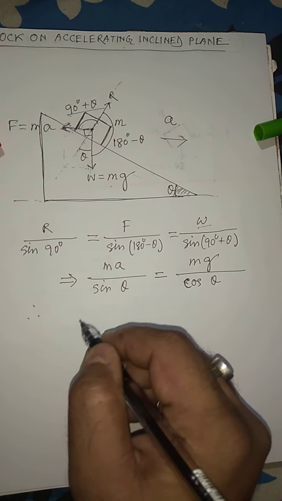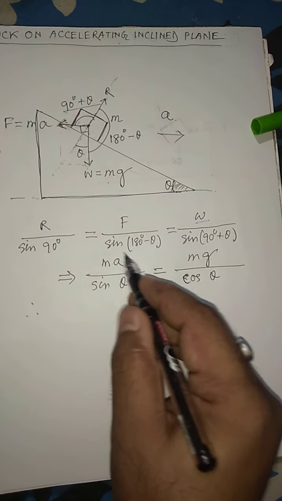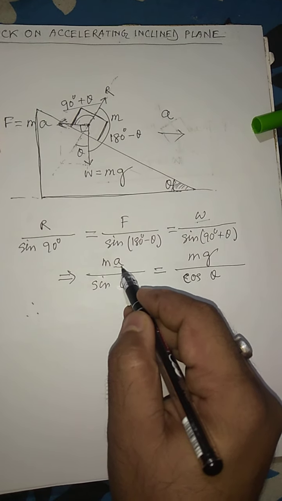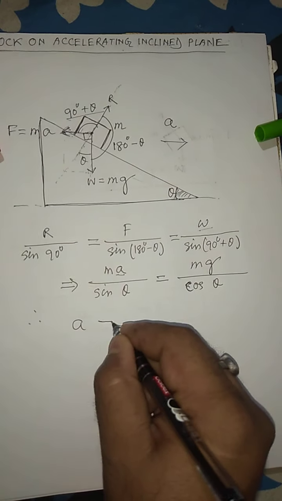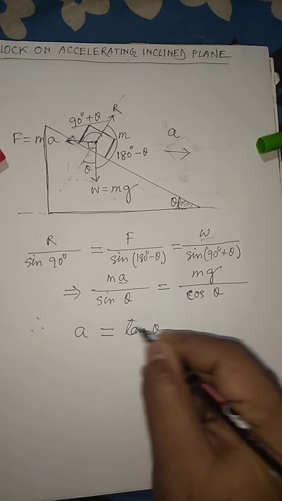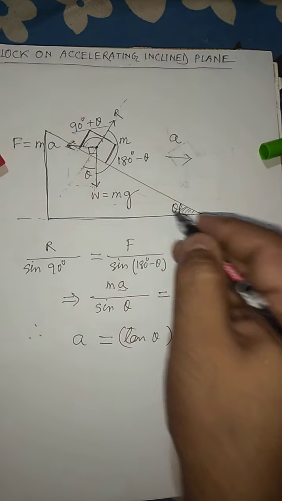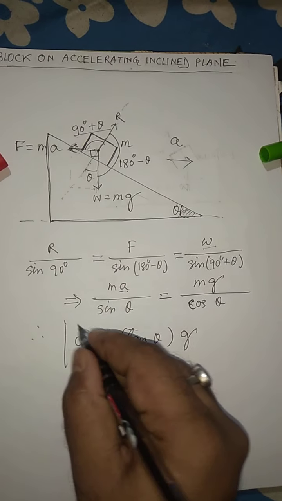Thus we get the expression of the acceleration of this inclined plane. A is equal to tangent of the angle of inclination multiplied by the acceleration due to the Earth's gravity.